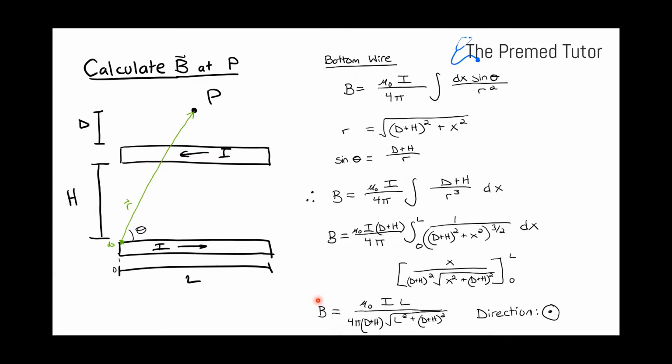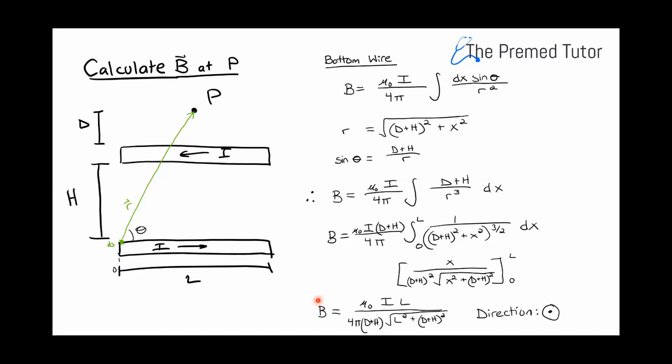Now, again, don't forget, do your direction. So same right-hand rule. This time my current is pointing to the right. So right now your thumb should be pointing to the right. My fingers are showing me how the magnetic field is pointing.